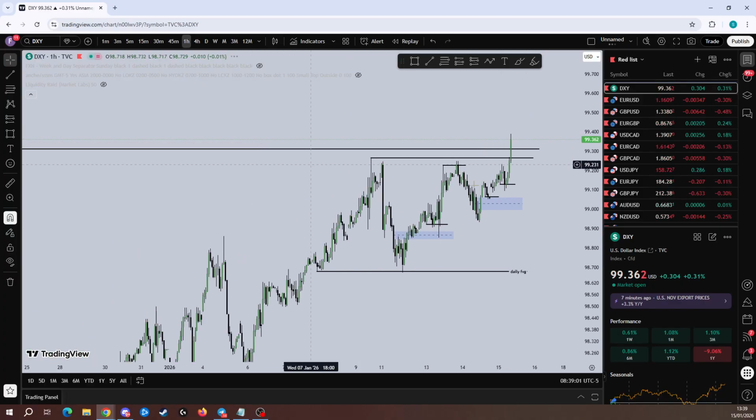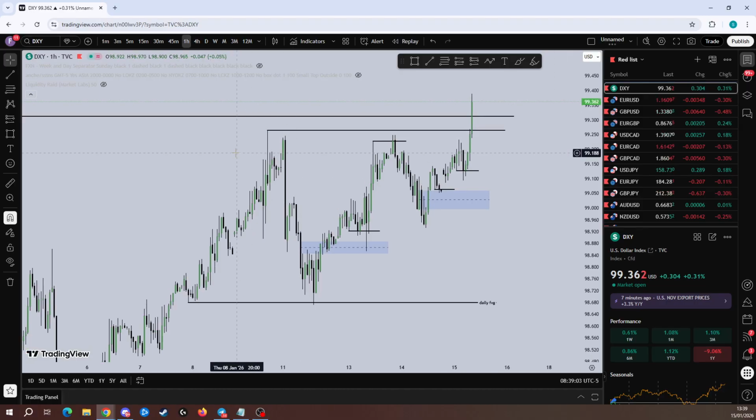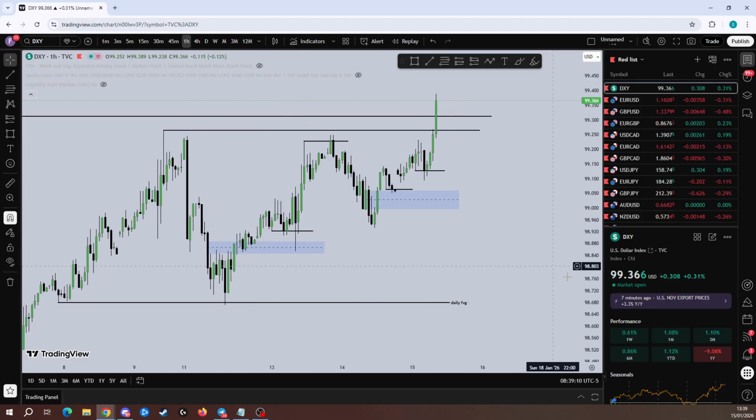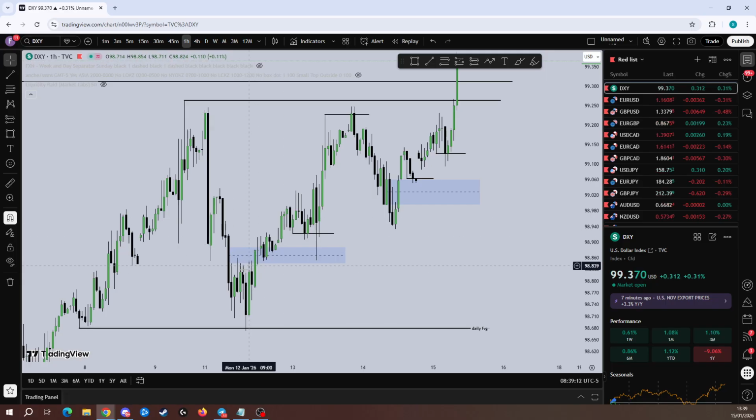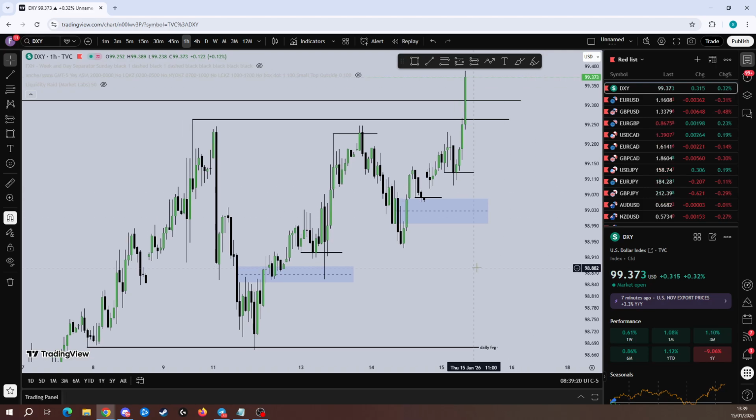If we took out this high, then it's a different story, right? That's reacting to buy side liquidity, but we haven't taken it out, so this is a high probability chance of manipulation. So just waiting for that hourly confirmation, which we got here, and confirming that low risk buy here made this trade a very high probability trade to play out.